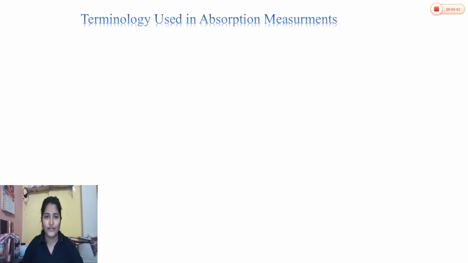Then the next part of this spectroscopy is terminology used in absorption measurement. So the first term is the radiant energy. Radiant energy is denoted by E, and the equation is h mu.